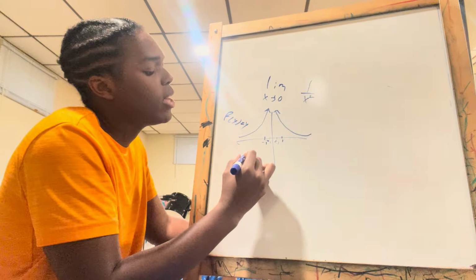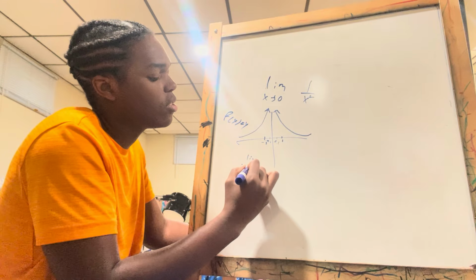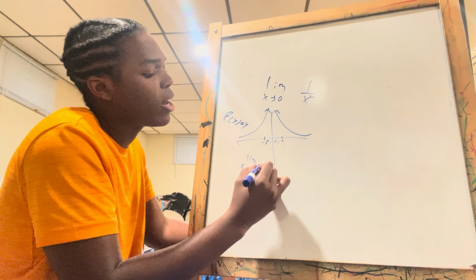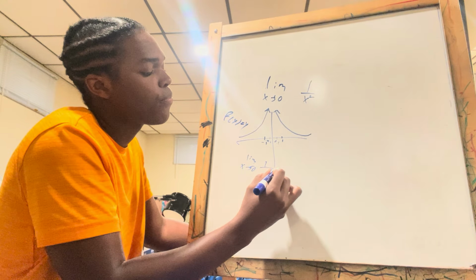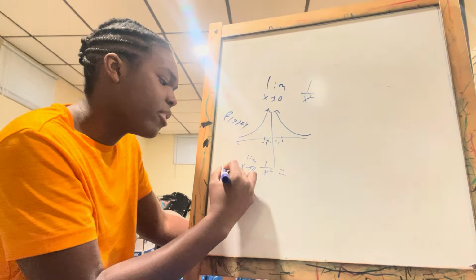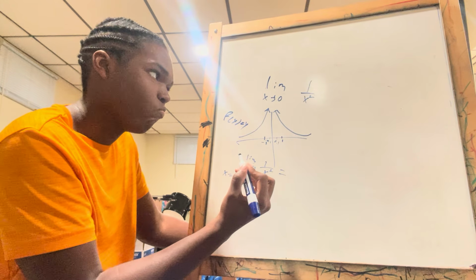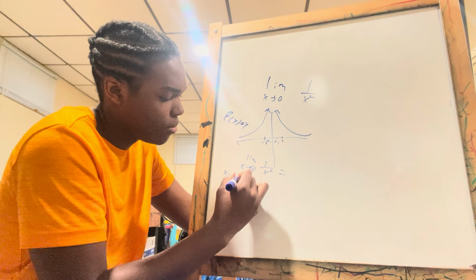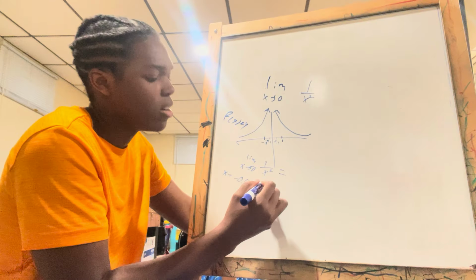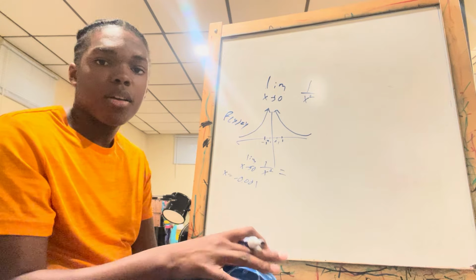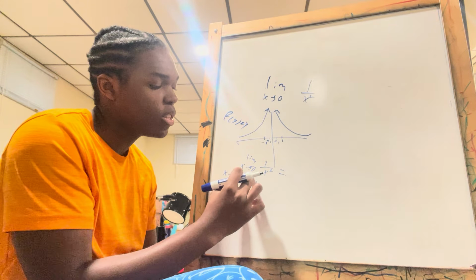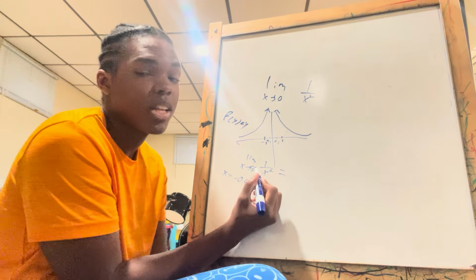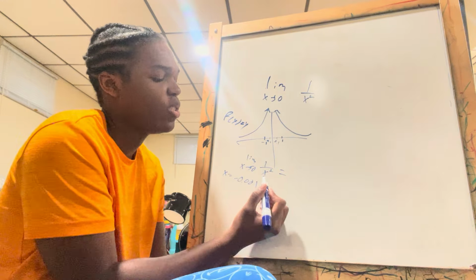So, if we evaluate the limit as x goes to 0 from the negative direction of 1 over x squared, let's say x here is like negative 0.001. Well, basically, we're just saying that x is a really, really small number, right? Because something that's really close to 0 just means it's a really small number.